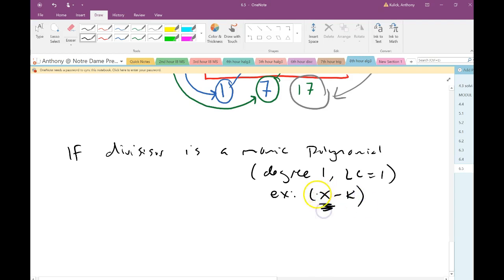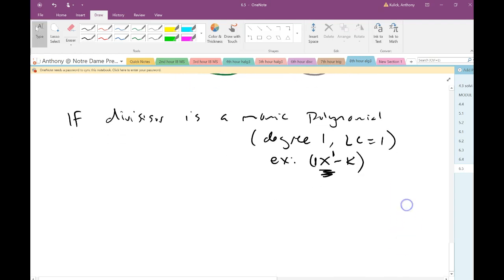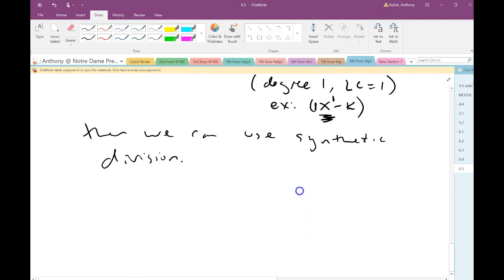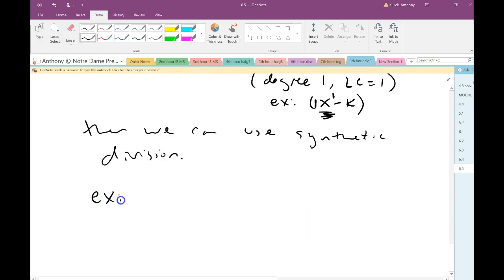So notice there the leading coefficient is 1, and the degree is 1. That's what we mean by monic. Then we can use synthetic division. So let's look at an example.